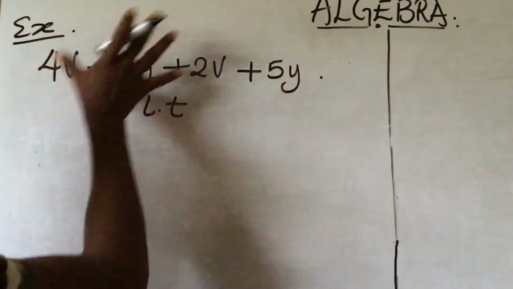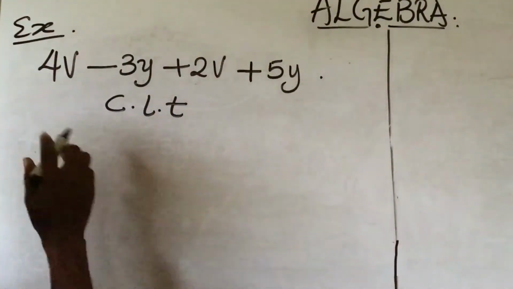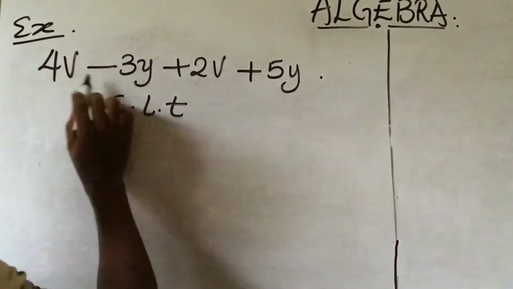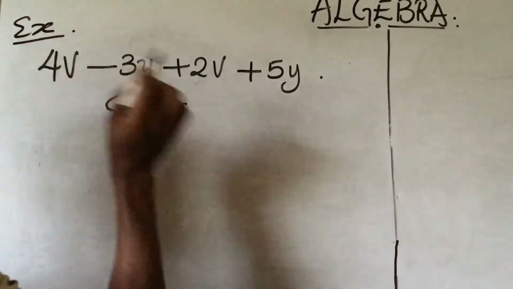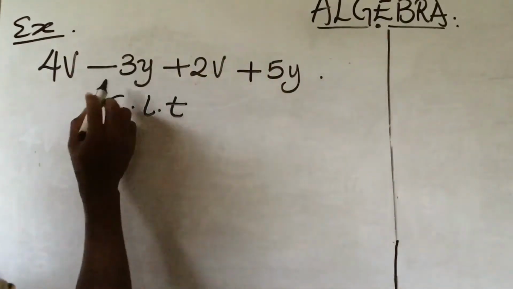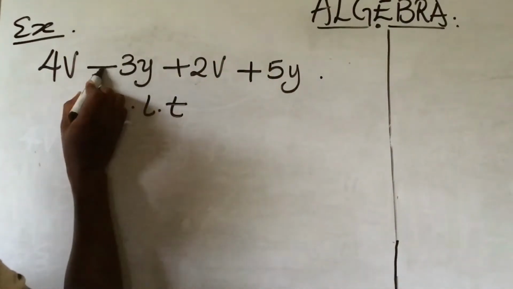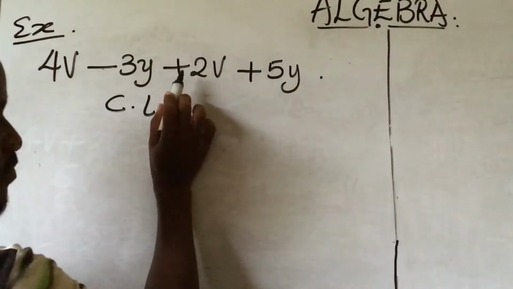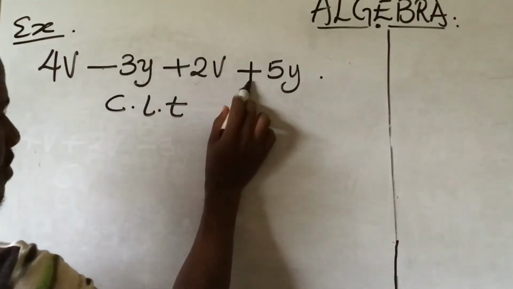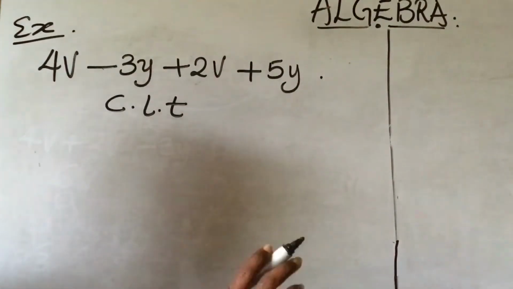But before I solve anything, I'd like you to understand that each of these algebraic terms owns the sign in front of it. For example, 3y is what owns this minus, alright? So this is minus 3y. 2v is what owns this plus, okay? And this plus is owned by this 5y. Do you get it now?